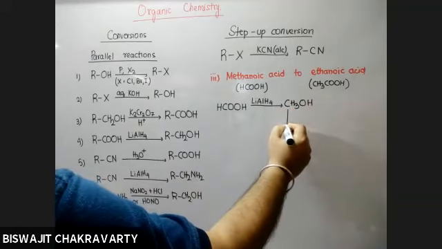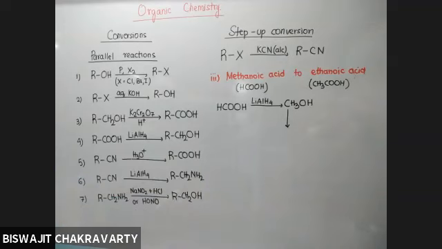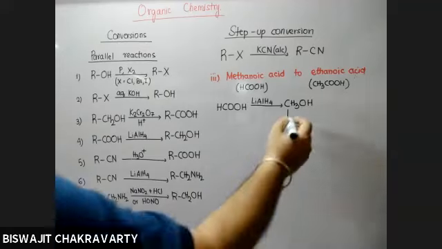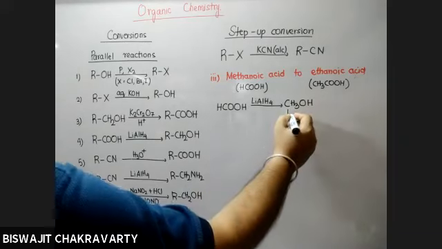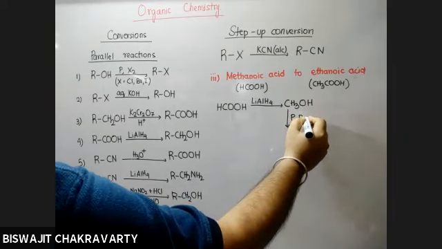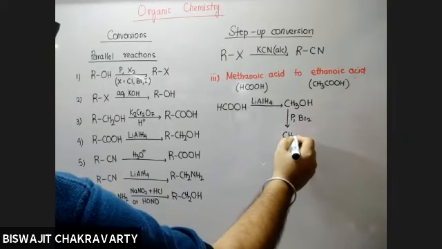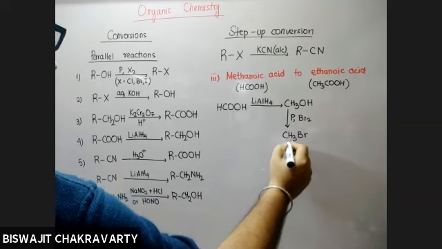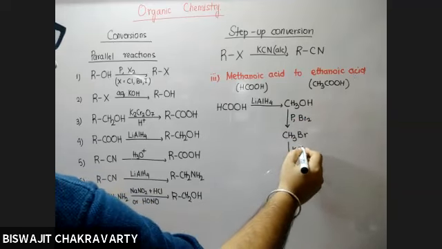After that, phosphorus and bromine. You cannot give potassium cyanide now. Only when it is converted to alkyl halide, you can give potassium cyanide.